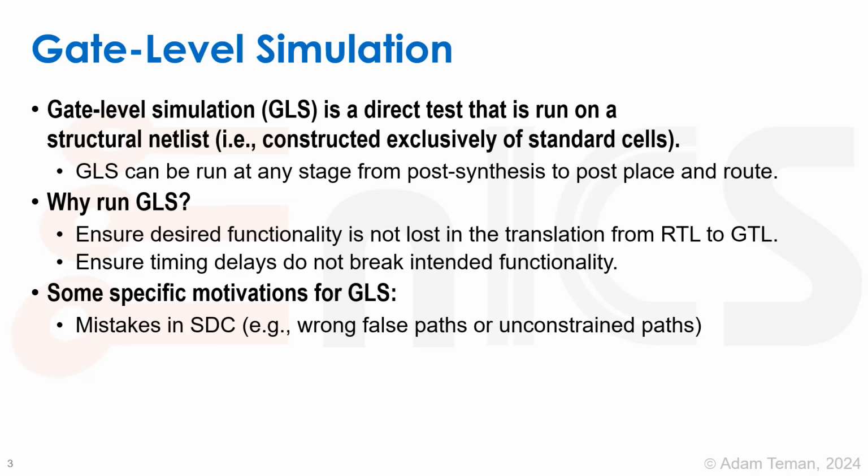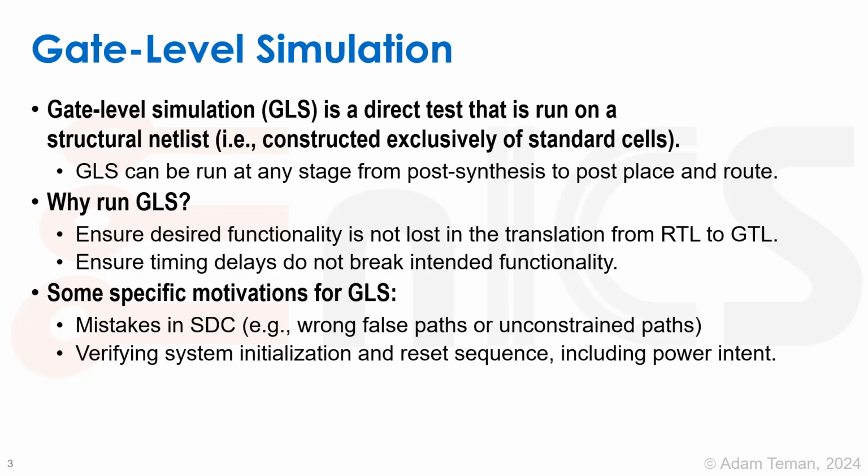For instance, we could actually put a false path on an important path, and it would not optimize timing and not check timing on it. And if we're lucky that we're running gate level simulation with timing back annotation, we'll see such a false path. There also might be unconstrained paths, which is something that we should be checking. But if we accidentally didn't constrain a path, then it will not be optimized for timing.